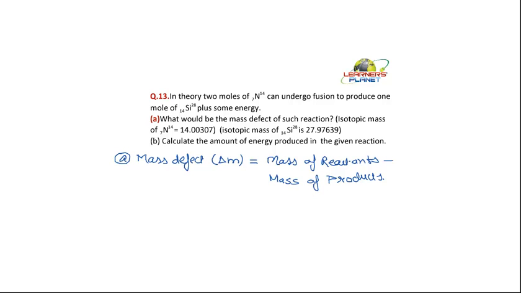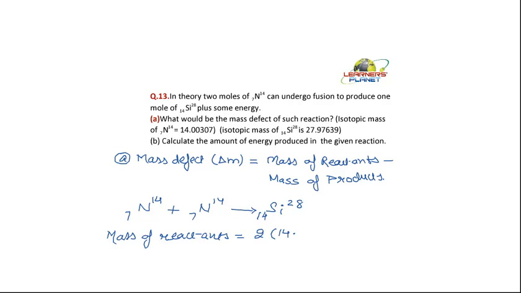Now, what is the reaction over here? It is nitrogen-14 plus nitrogen-14 giving out Si-28. So the mass of reactants will be equal to 2 into 14.00307, and that will come out to be 28.00614.